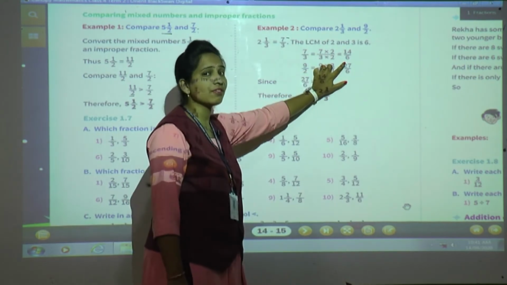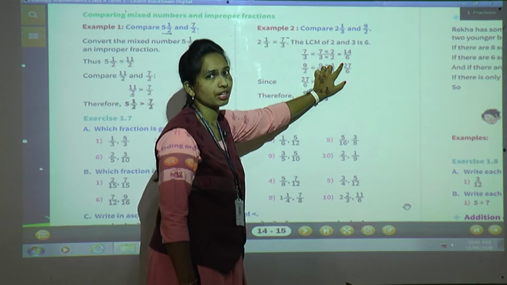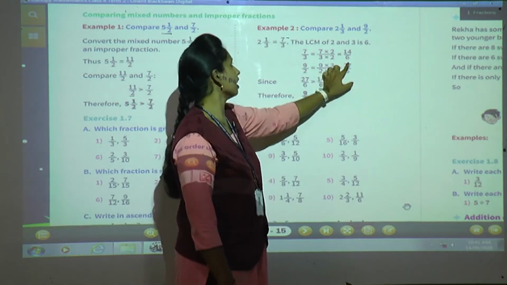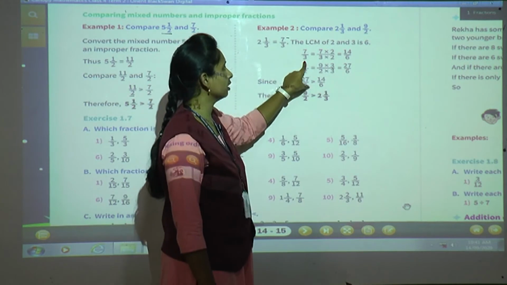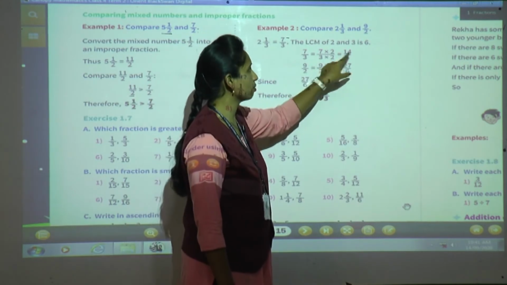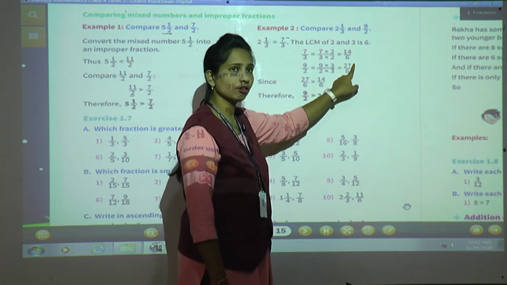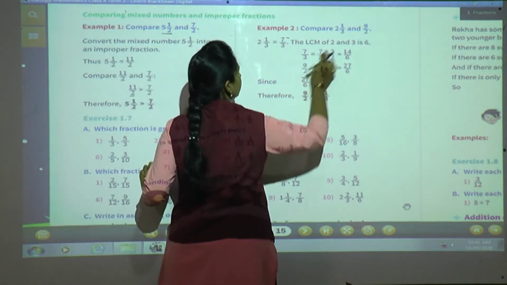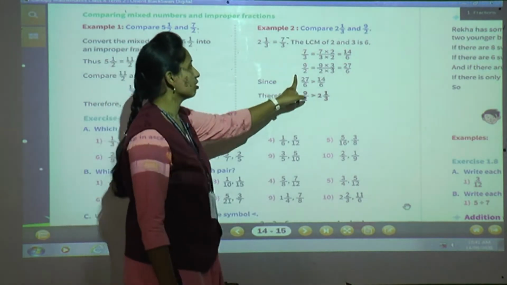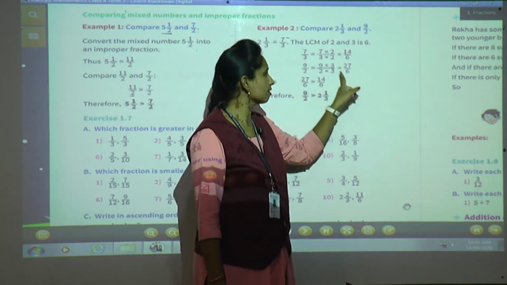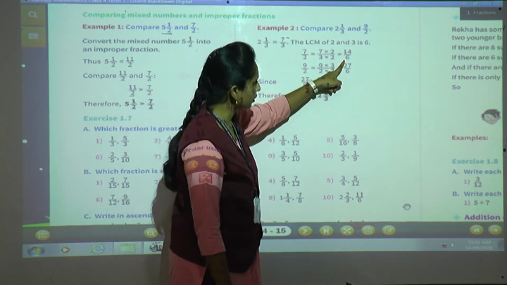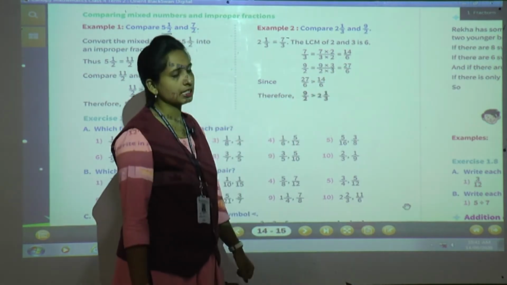So when we find out the LCM, we should write the LCM in the place of the denominator. So here I write 6, so for 7 upon 3, we multiply 3 2s are 6 and 7 2s are 14. Now what about 9 upon 2? Same, 2 3s are 6, 9 3s are 27. So we got the fractions 14 upon 6 and 27 upon 6.